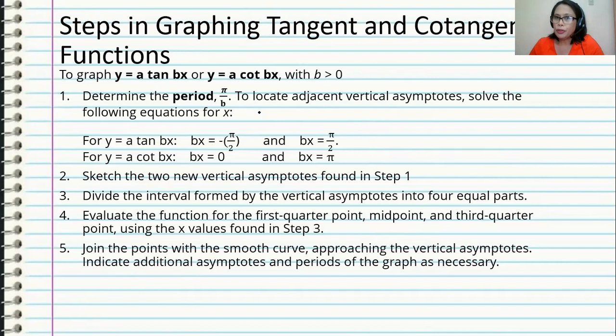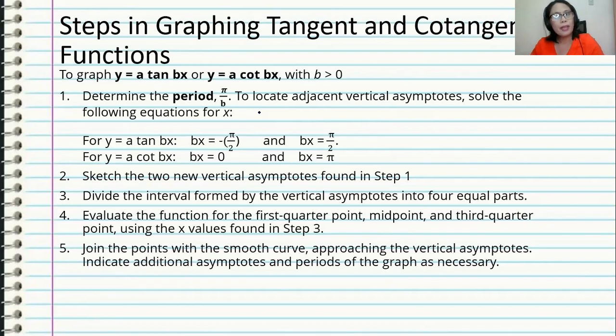Now, after identifying the period, it's necessary that we locate adjacent vertical asymptotes. These vertical asymptotes are the values where y is undefined, and these are the restrictions of the domain.